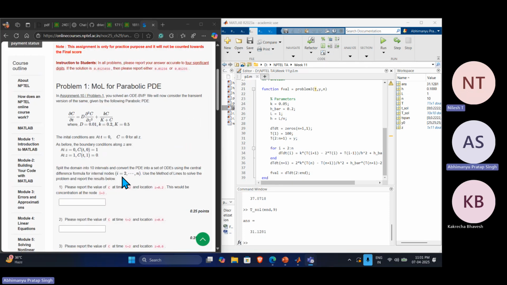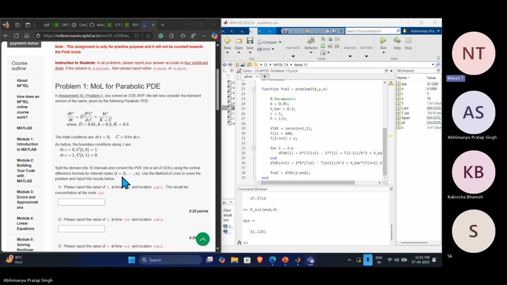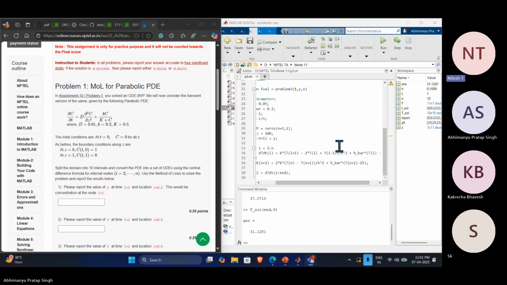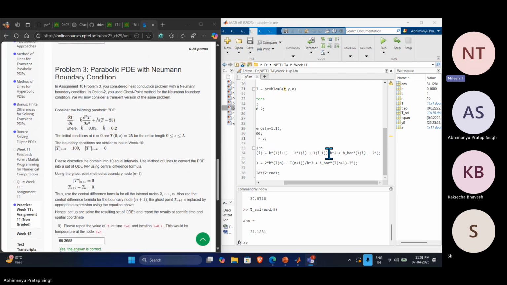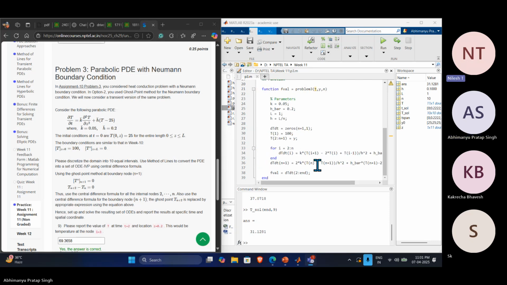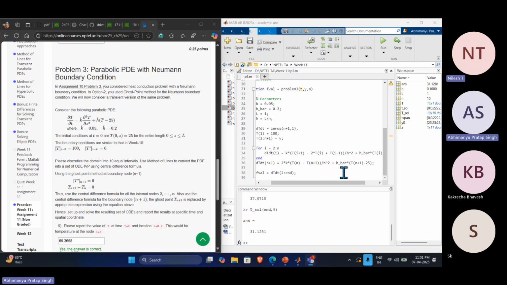Similarly for problem 1. Six party is 20. Plus 1 minus 25.